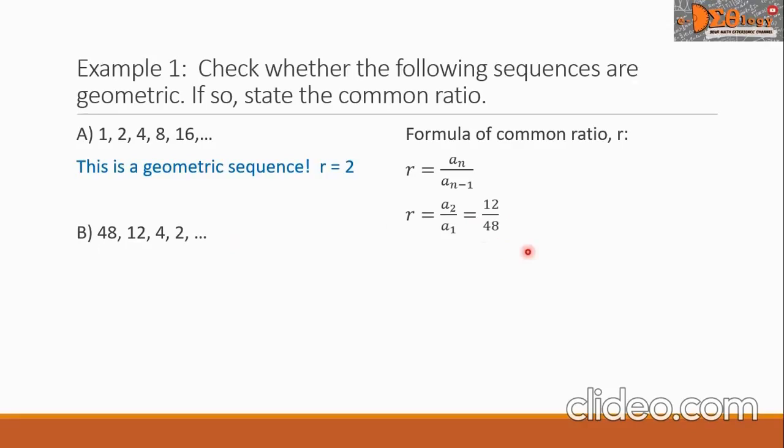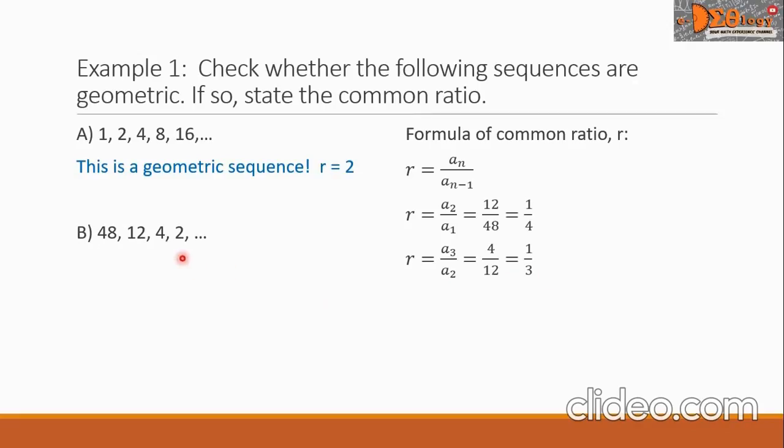Simplifying this fraction, we have 1 over 4. Let's take another pair, the a sub 3 over a sub 2, and that is equal to 4 over 12. Simplifying this is equal to 1 over 3.